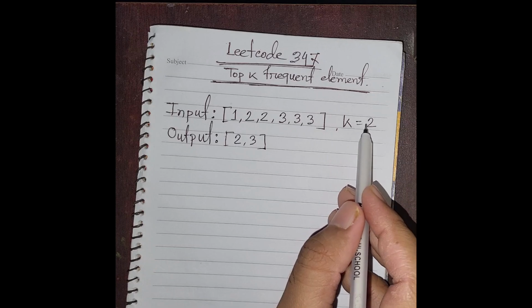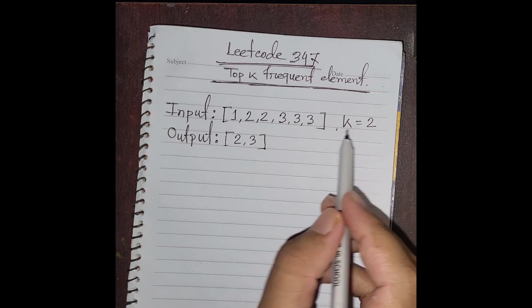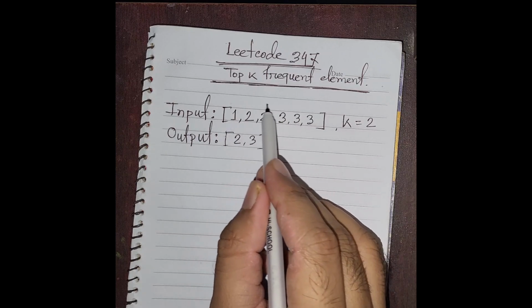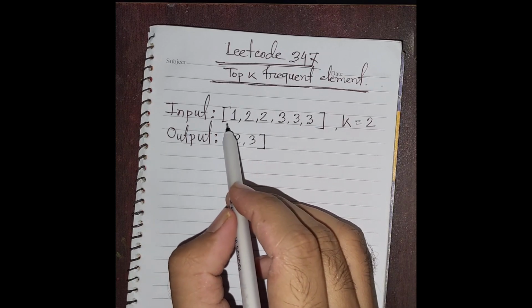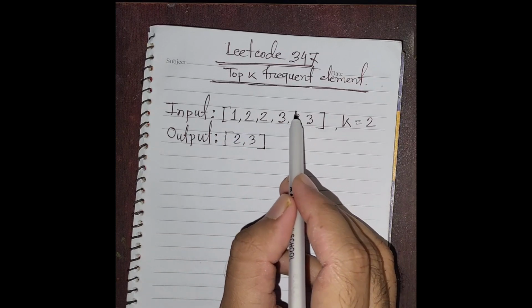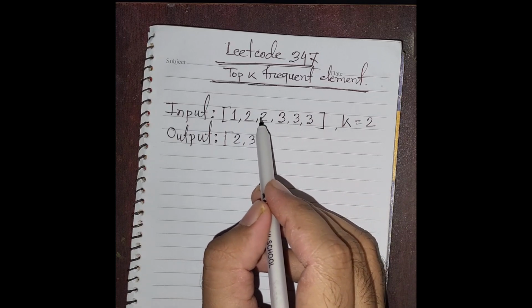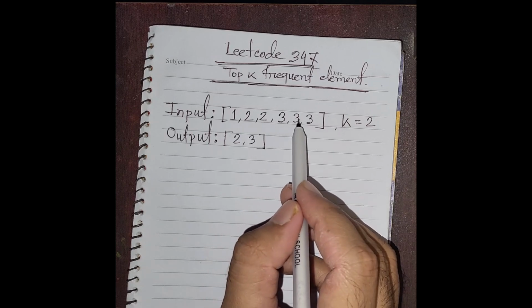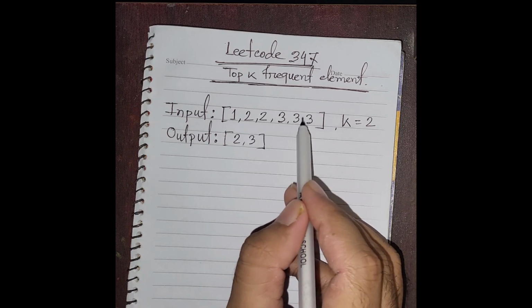Now k is equal to 2, that means we have to return the 2 most frequent elements from our input. So in this case here we have 3 most frequent and 2 second most frequent. So we have to return 2 and 3.